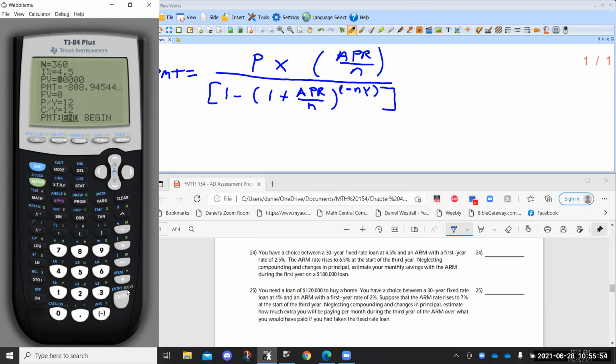With a first year rate of 2.5%, the ARM raises to 6.5% starting on the third year, neglecting compounding interest and changes in principal. Estimate your monthly savings with the ARM during the first year on a $180,000 loan. All right, I actually don't need this calculator because it's just for the first year.